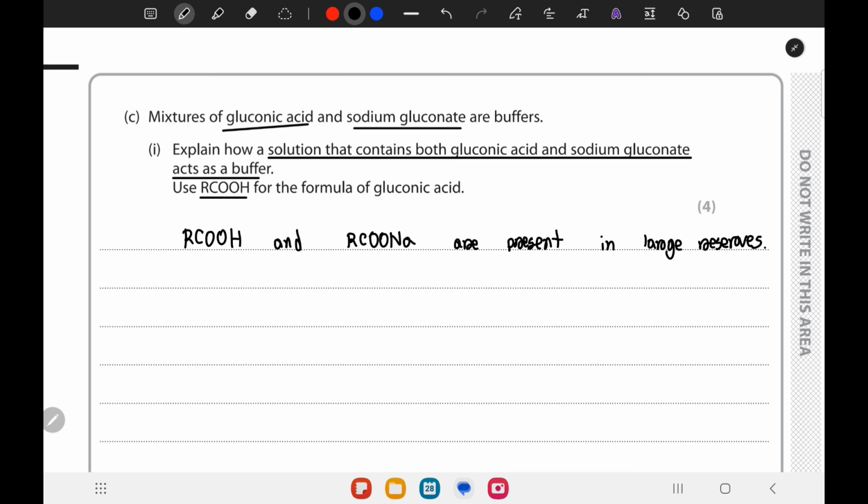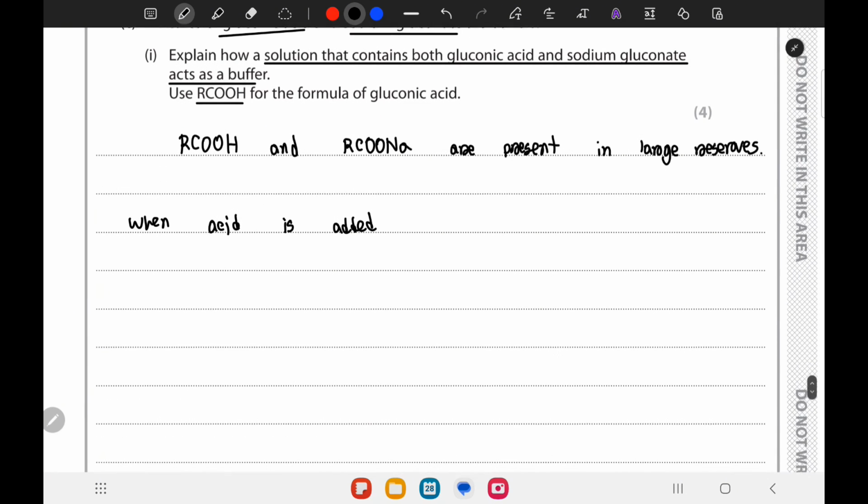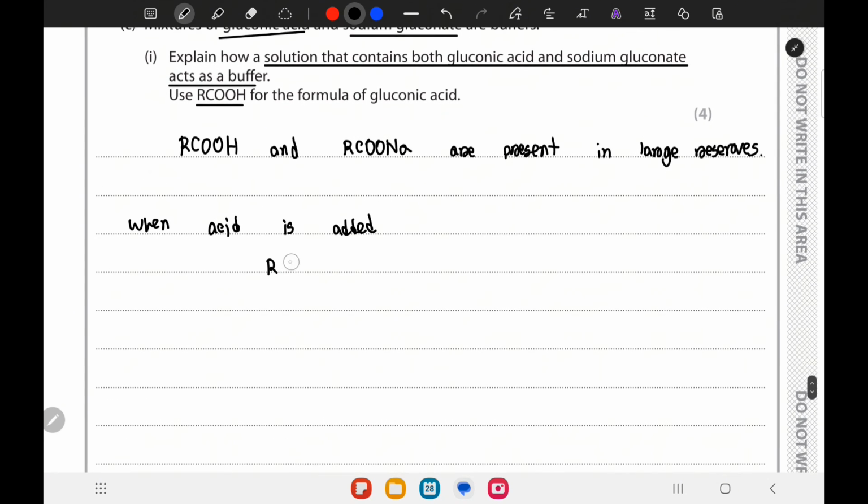And now I have to show what happens when I add alkali and acid. So when acid is added, from RCOONa I get RCOO⁻.